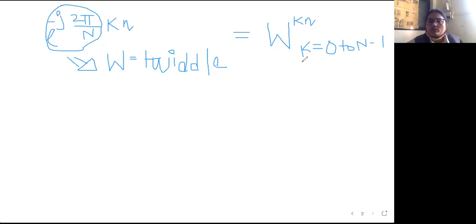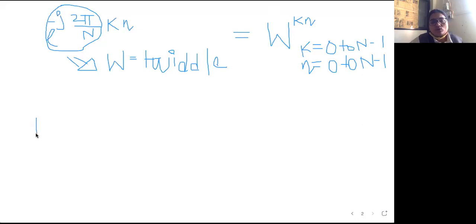The second variable n also changes from 0 to n minus 1. So both variables k and n for the twiddle factor change from 0 to n minus 1.